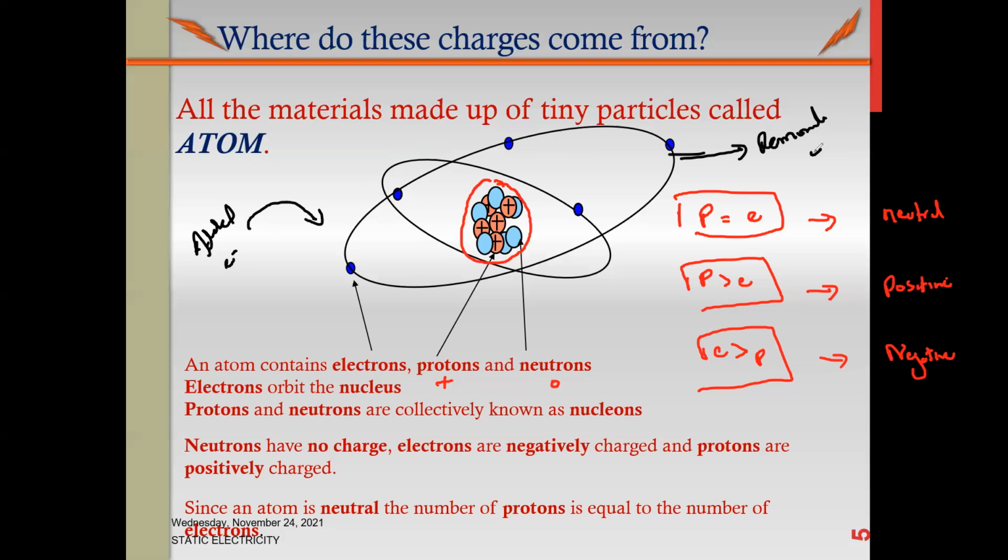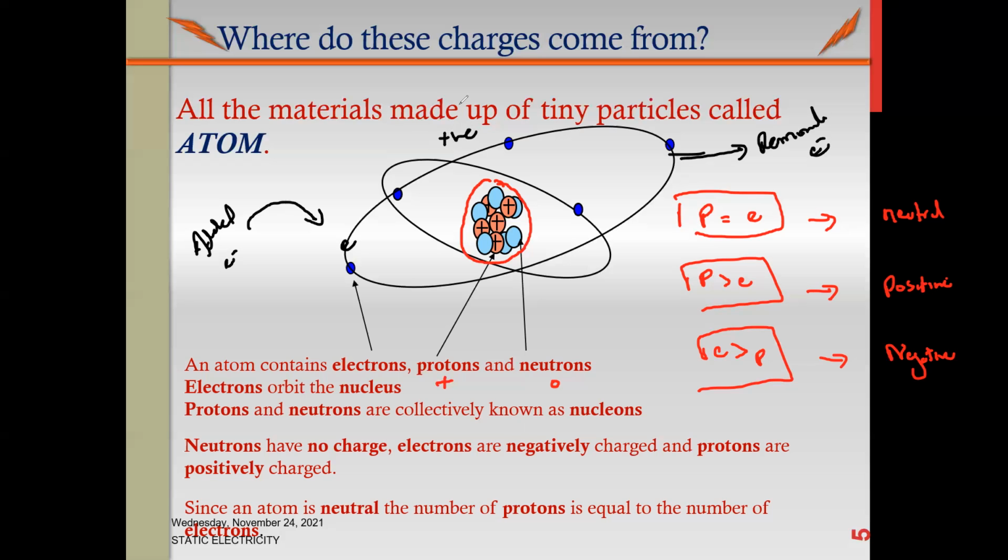If another electron is added, the atom will turn into a negative ion, because it will have more electrons than protons. And if an electron is removed or lost, the number of electrons will be less and the number of protons will be more, so overall this atom will be positively charged.